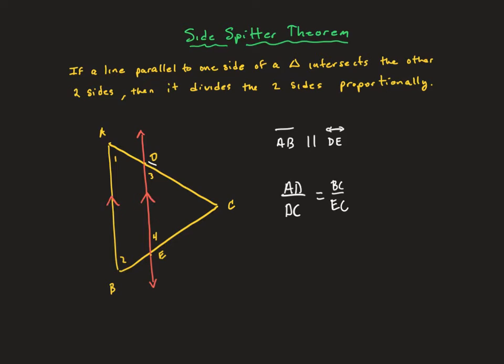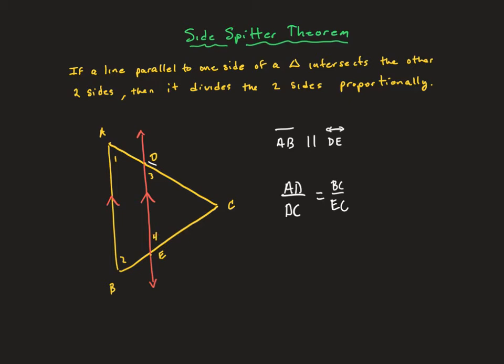And then we know that angle 1 and angle 3 should be corresponding angles, by the definition of corresponding angles: two parallel lines with a transversal. And then angles 2 and 4 should also be corresponding angles for the same reason. So then we know that angle 1 is congruent to angle 3 and angle 2 is congruent to angle 4.